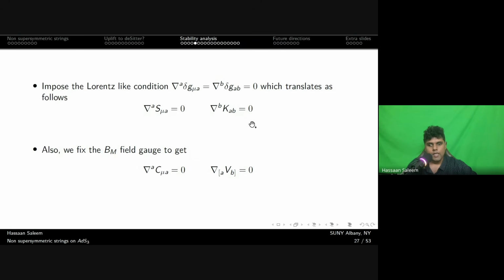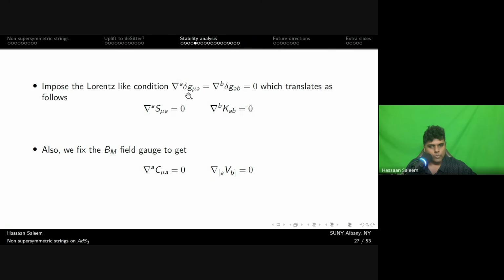Okay. But before you do that, you have to talk about gauge fixing. When we study the equations of motion for the metric or for the B field, there is always some gauge freedom. So we have to fix that gauge freedom first. So we take Lorentz-like conditions.